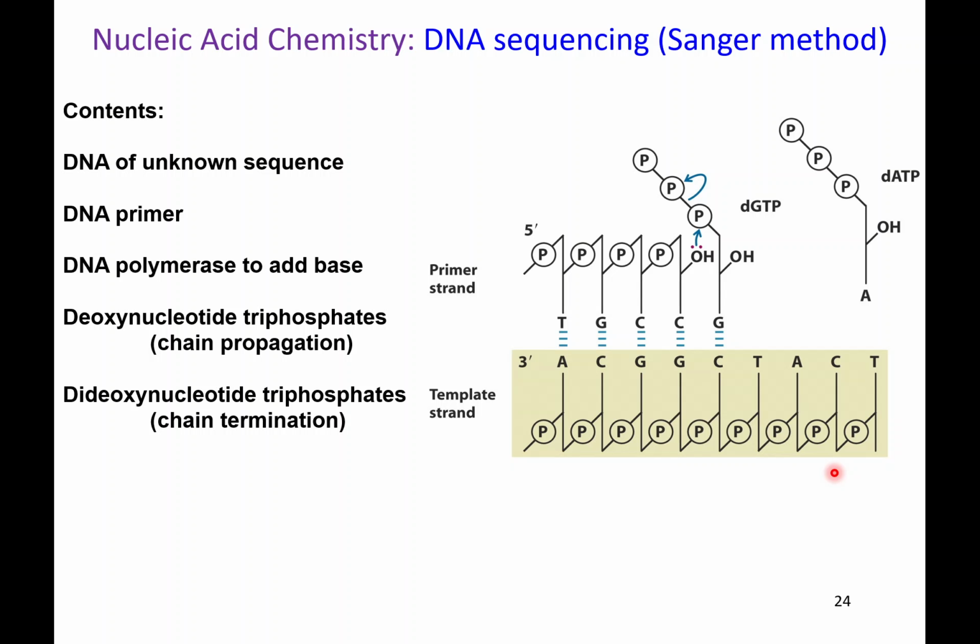An important way of working with DNA, we really need to know the sequence of DNA to be able to work with it. And the first method developed to sequence DNA was known as the Sanger method. Okay, and Sanger not only developed this method for sequencing DNA, he also developed a method for sequencing proteins.